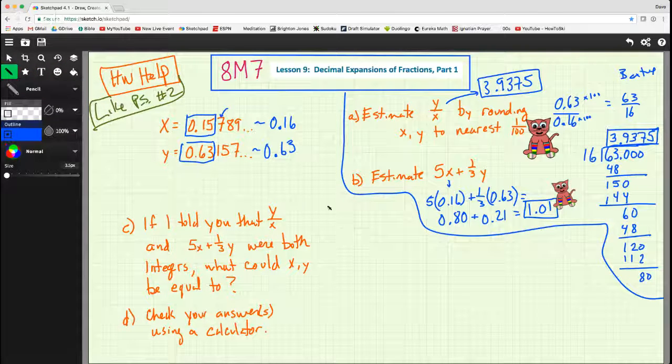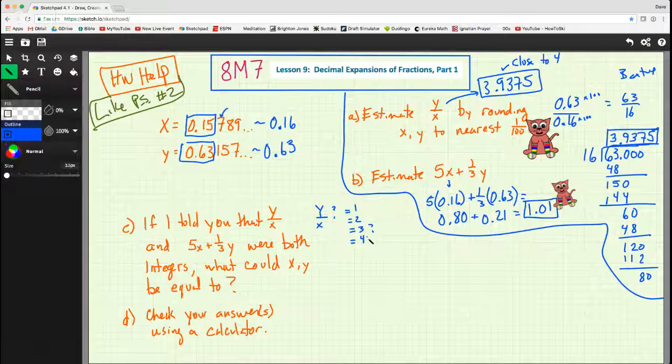Now the whole key is that if y over x is an integer, and y over x estimated is 3.9375, what do you think y over x could be? It has to be an integer. So is y over x equal to 1? Does it equal 2? Does it equal 3? Does it equal 4? Well, if I estimated it and I got really close to 4, this is close to 4.